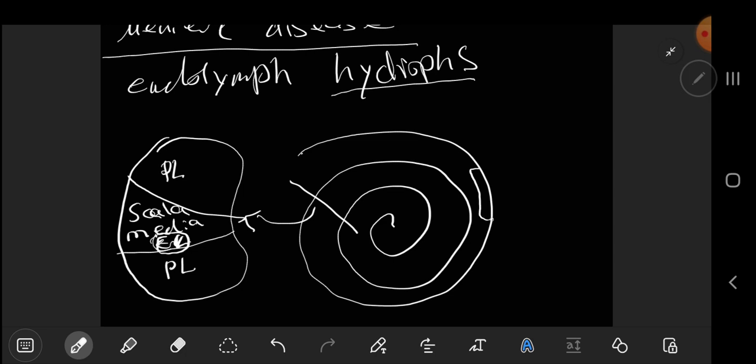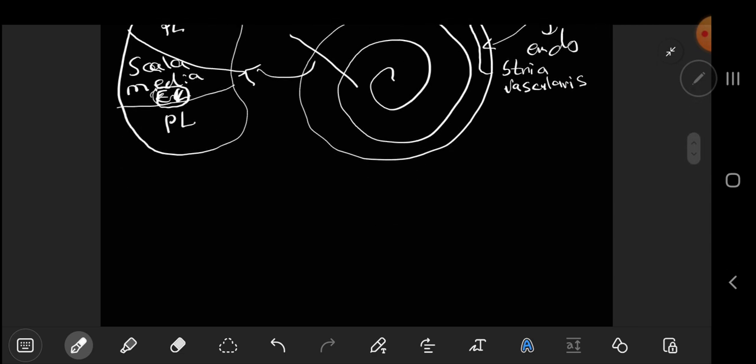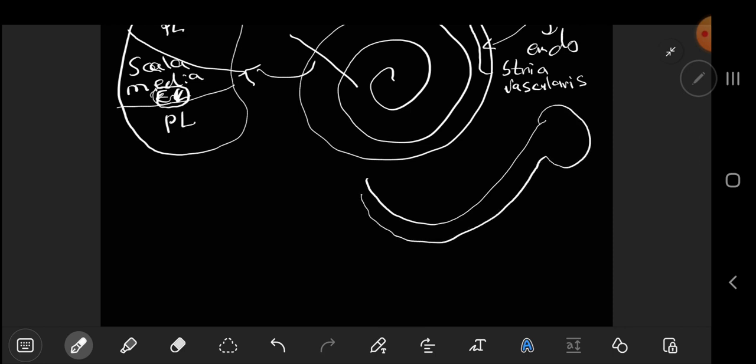I mean, it's starting, or overcreation. There is a vascular component here, the stria vascularis, that can create endolymph. So this stria vascularis may be creating too much endolymph, or there is a problem with where the endolymph should get absorbed.